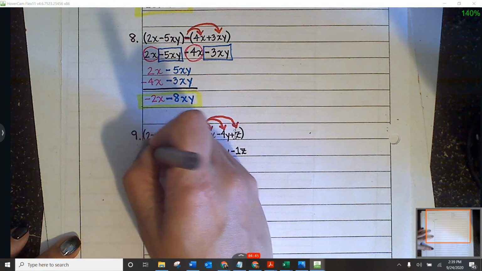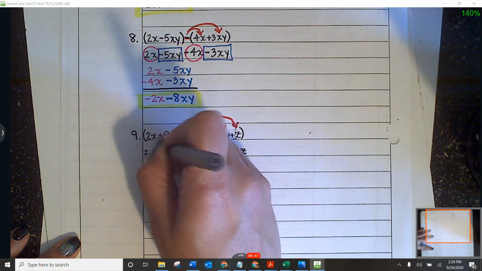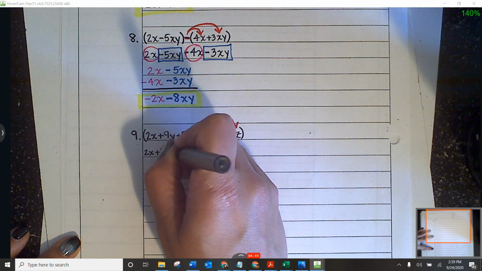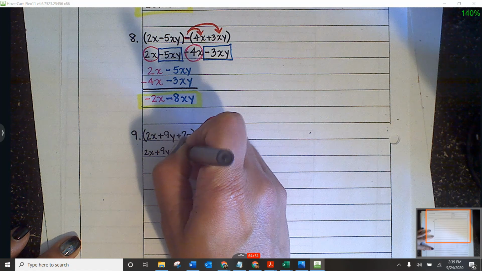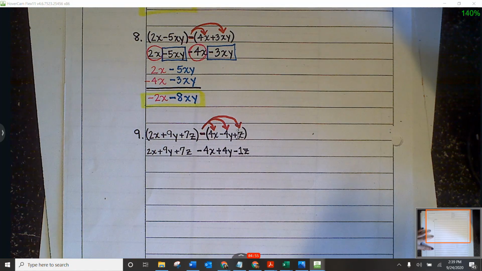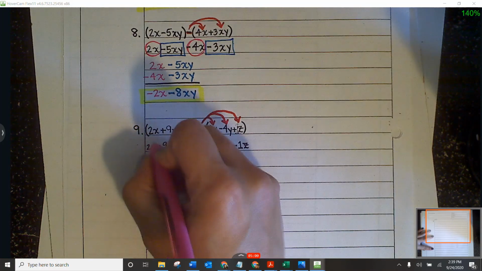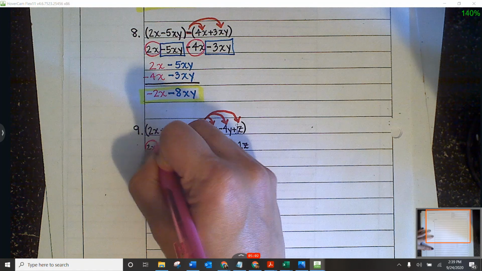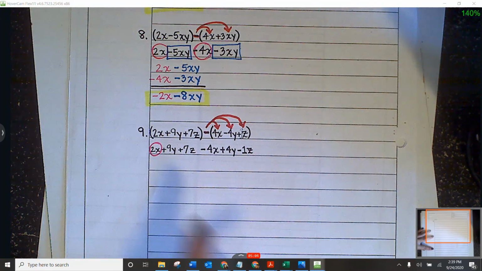Okay, now I'm going to bring everything else down: 2x plus 9y plus 7z. And now we get to circle, box, and triangle everything. I'm going to start with my first term, 2x.